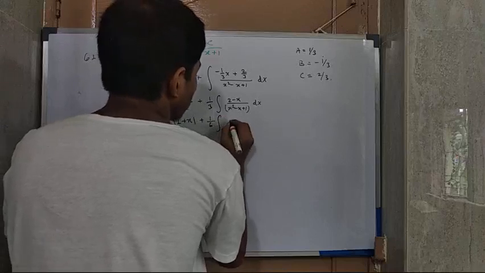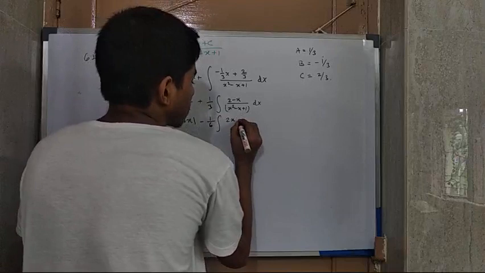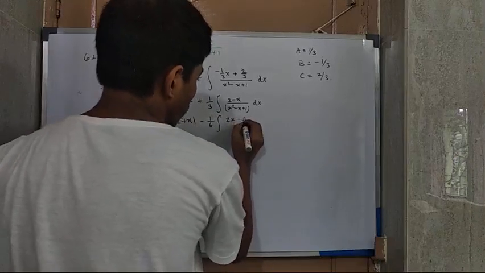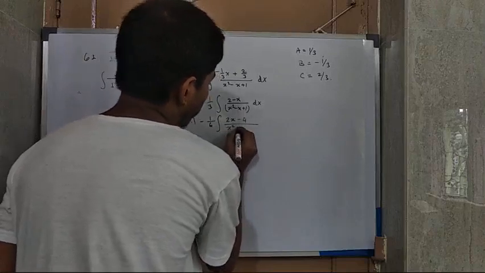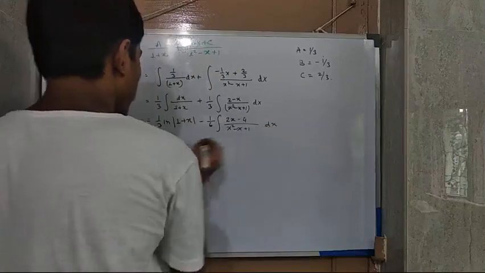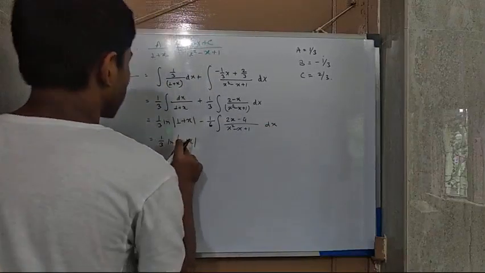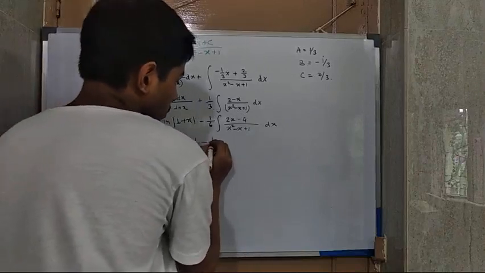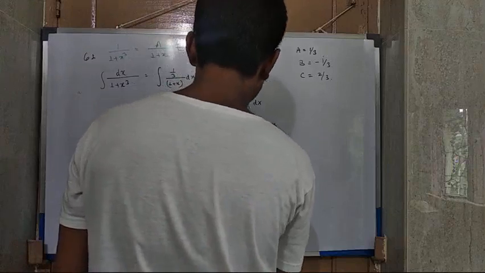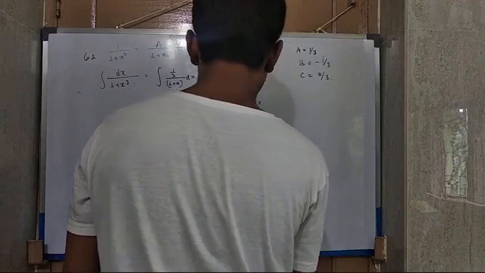This will give 2x minus 4 by x squared minus x plus 1 dx, and this is 1/3 ln 1 plus x minus 1/6 integral 2x minus 1 by x squared minus x plus 1 dx.